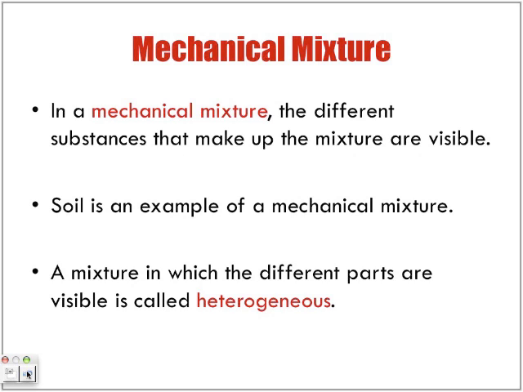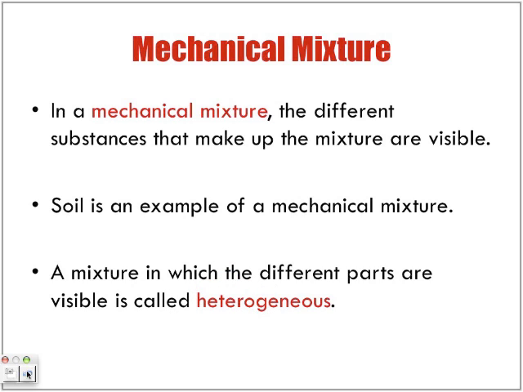A mixture in which the different parts are visible is called a heterogeneous mixture. So here's another key term you're going to need to know. Heterogeneous. Different throughout. So anytime you can see both things that you're trying to mix together, we can see the sand, we can see the water. Okay, this is considered heterogeneous because we see both things.